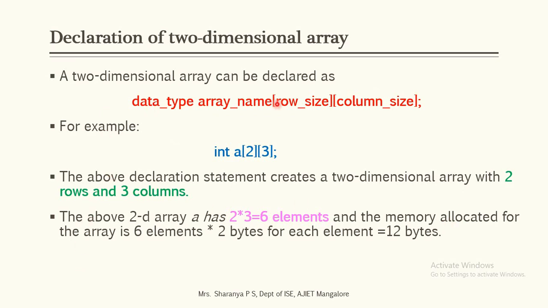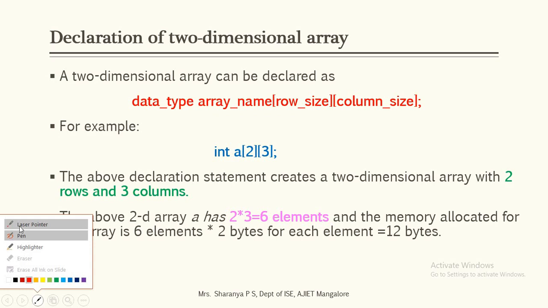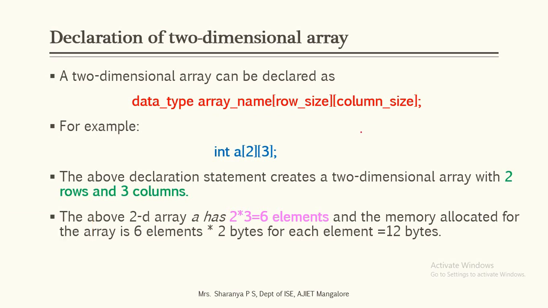And how can we identify the total number of elements present in the 2D array? That is the next question that we should be clear about. As we observe here, how many rows are present? There are a total of 2 rows. And how many columns are present? There are a total of 3 columns.